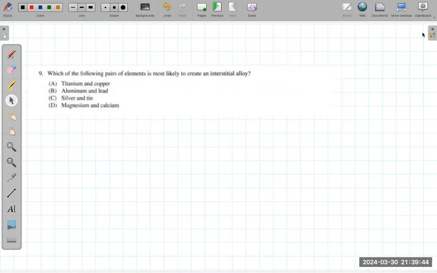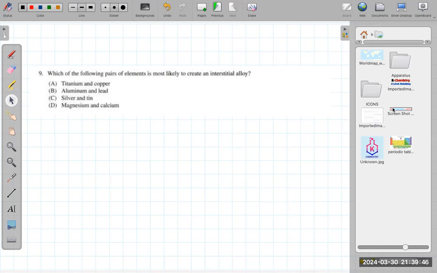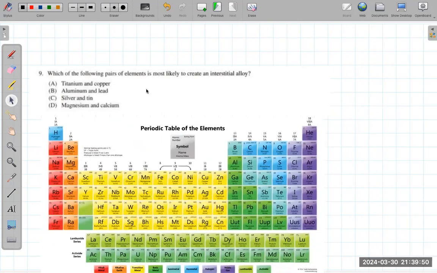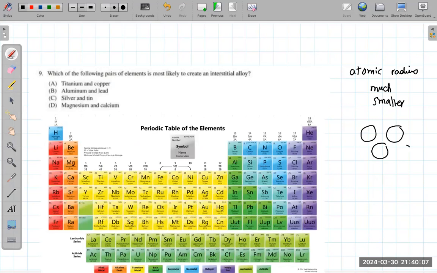Okay. احنا عشان اعمل interstitial, what is my condition? The atomic radius of one of the atoms has to be much smaller than the other one. صح؟ يعني الانترستيشال هي اللي replacing ولا in between? In between.